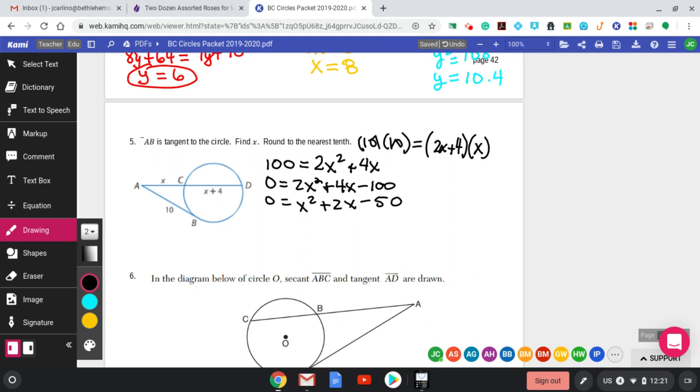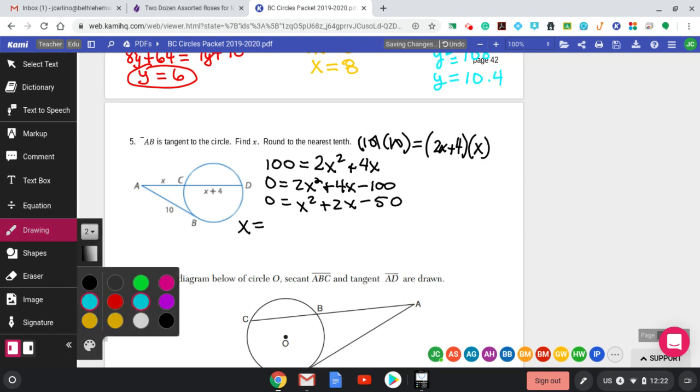We could take our time right now, try to figure out two numbers that multiply to negative 50 but add to 2. But we would be here a while because no two numbers exist. So what's our only other option if I can't factor it? You're right, quadratic formula. So here we go. X equals, what's your B value?